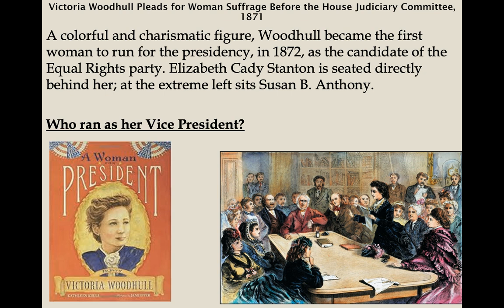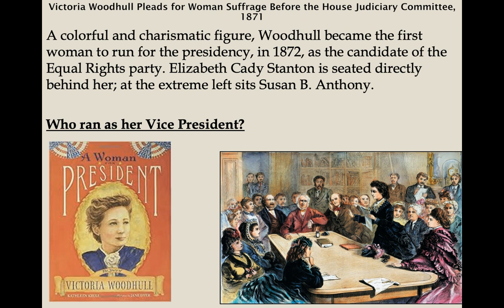Now, let me explain some of the 19th Amendment. Before the 19th Amendment, it didn't mean women cannot vote. Okay, if you lived in an area where they allowed women to vote, you were allowed to vote. And Wyoming was the first state to allow, most states out west. But in some areas, especially New York, it was illegal for women to vote.